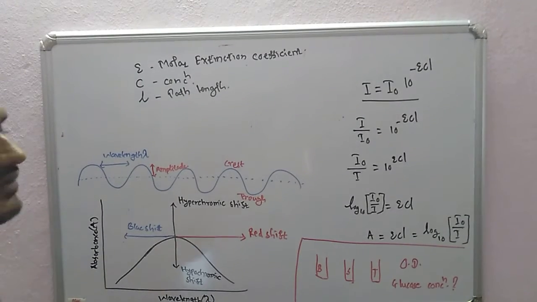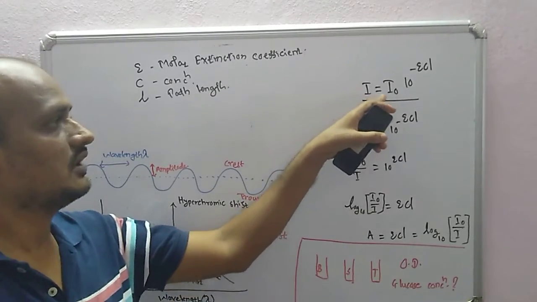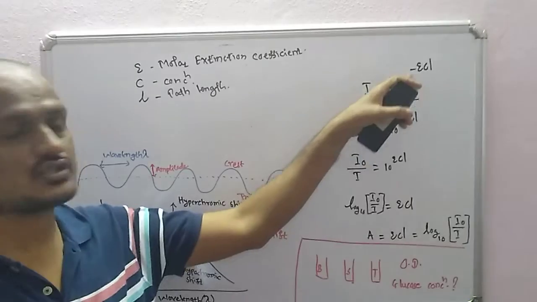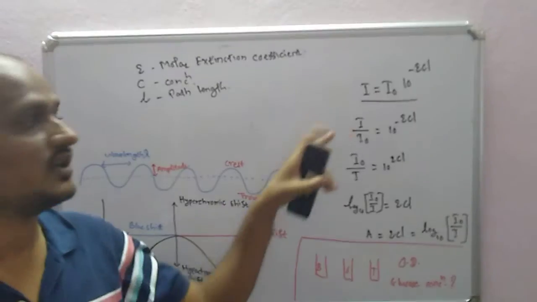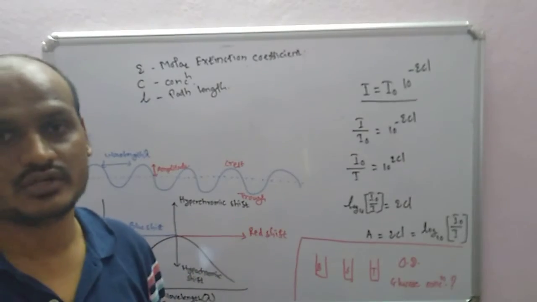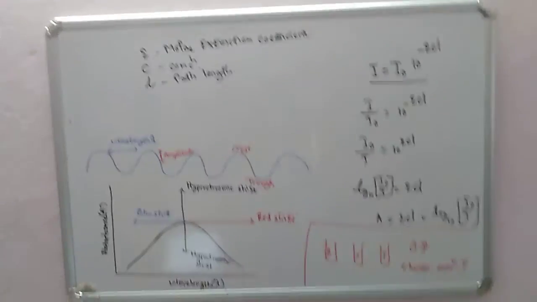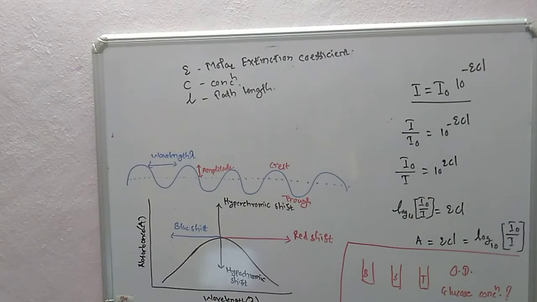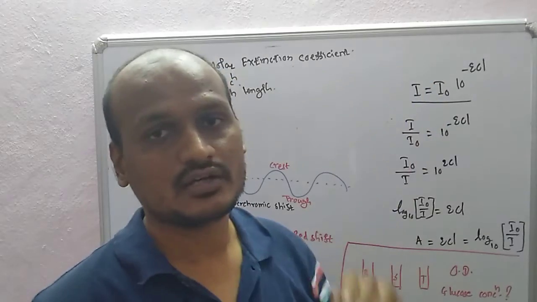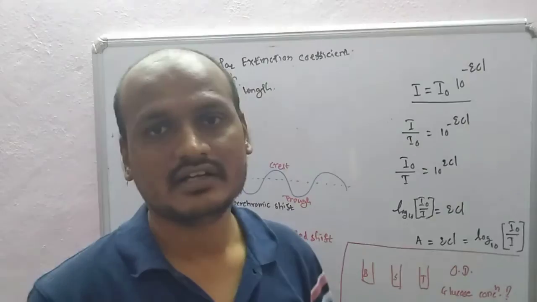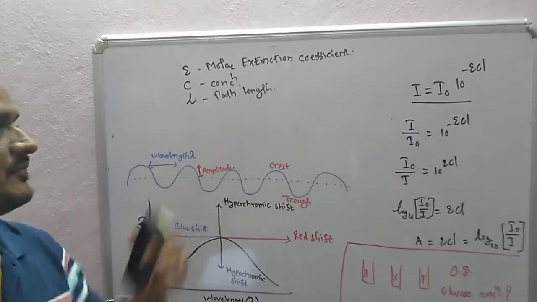So we have this equation, I is equal to I0 multiplied by 10 raised to minus epsilon CL.